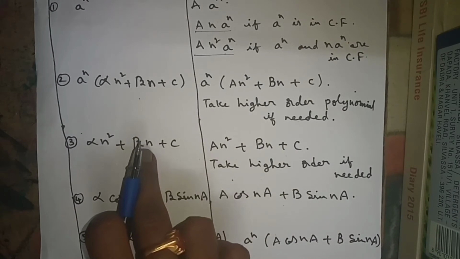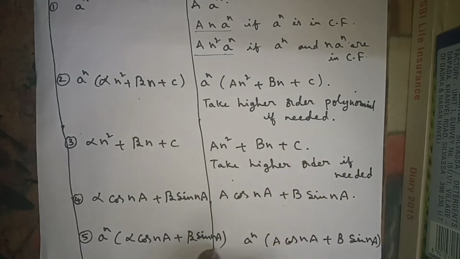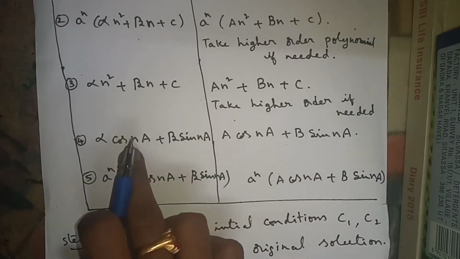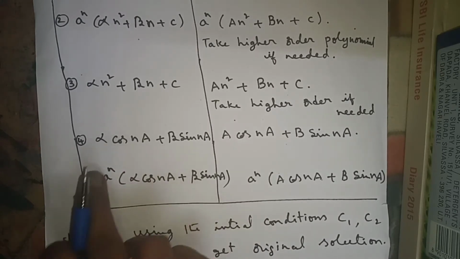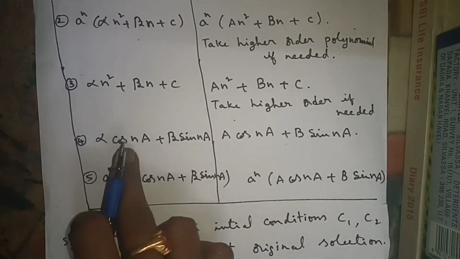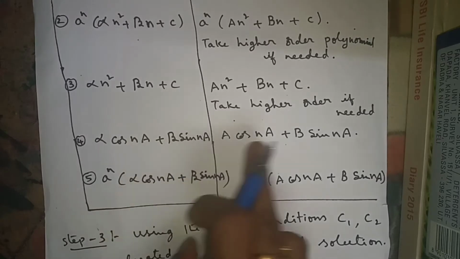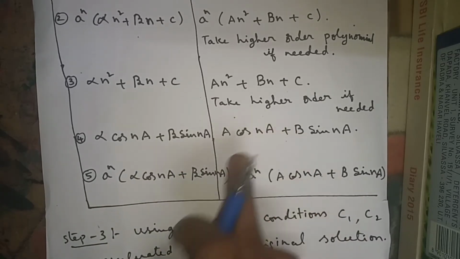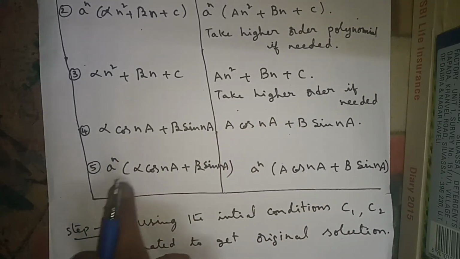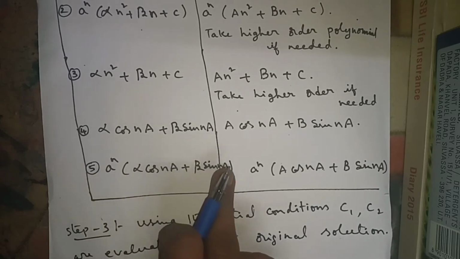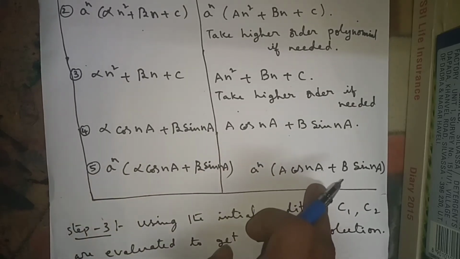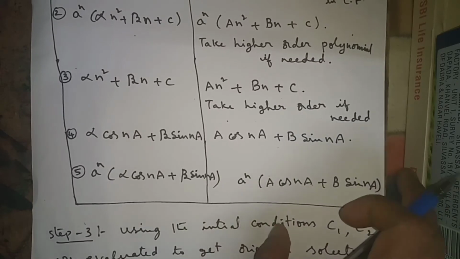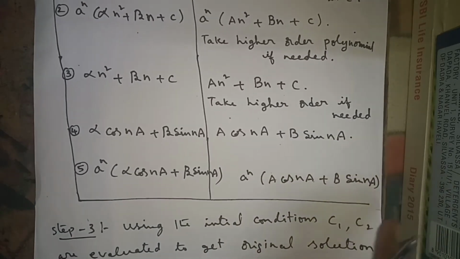Take a higher order polynomial if needed. If the RHS is in the form of alpha cos na plus beta sin na, then this is the particular integral. And for a to the power of n into (alpha cos na plus beta sin na), this will become the particular integral. These are the formulas.